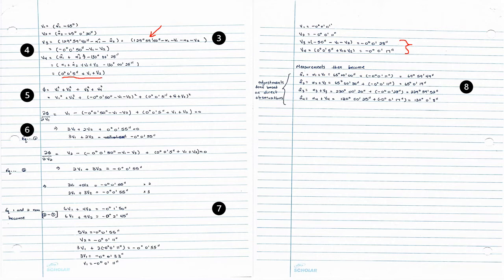Keeping that in mind, nu 3 would become, as denoted by step 3, 360 minus alpha 3 minus alpha 1 hat minus alpha 2 hat, which when broken down further gives nu 3 to be minus 0 degrees 0 minutes 50 seconds minus nu 1 minus nu 2. And similarly, nu 4 becomes 0 degrees 0 minutes 5 seconds plus nu 1 plus nu 2.